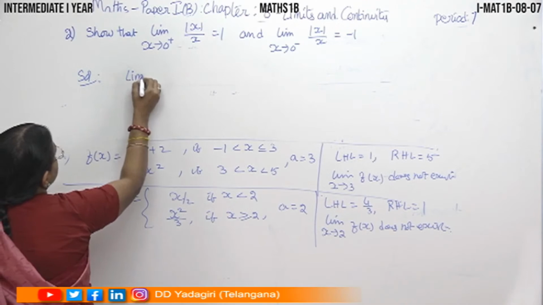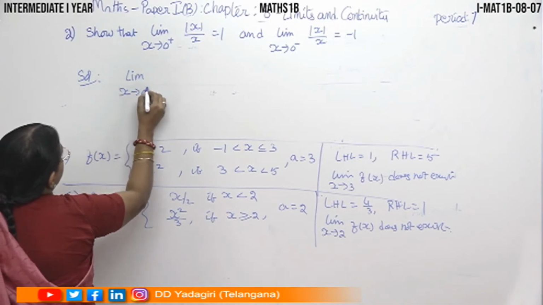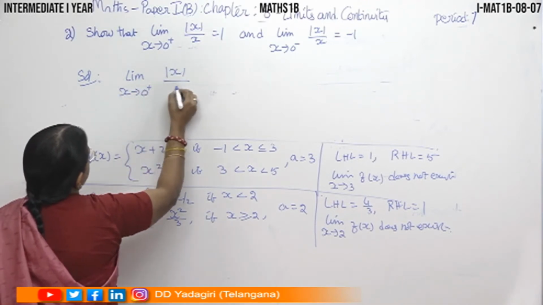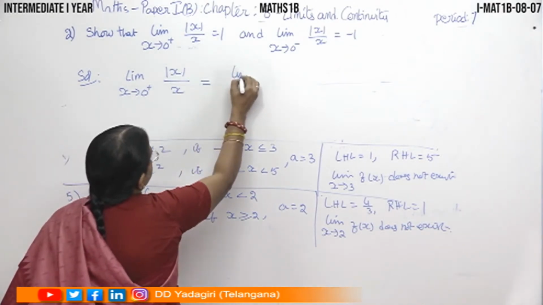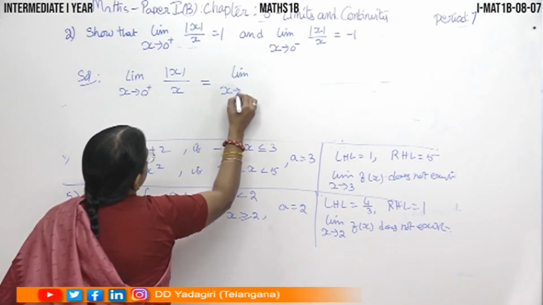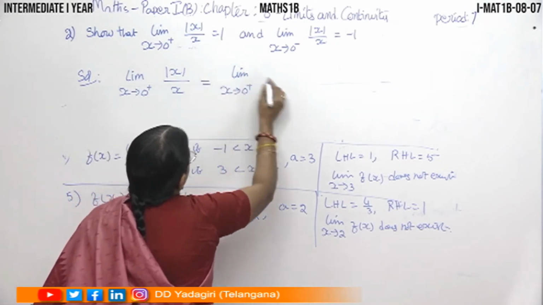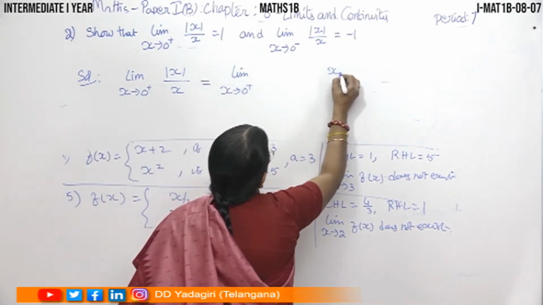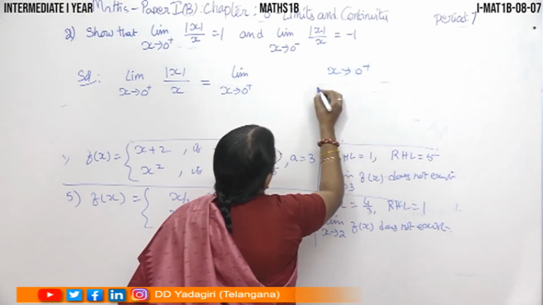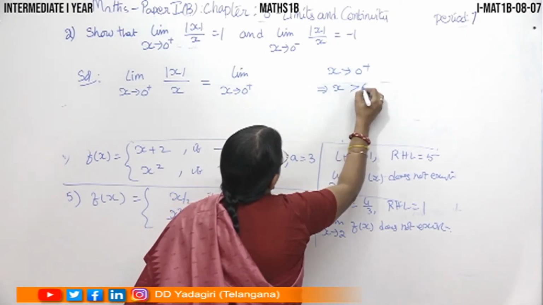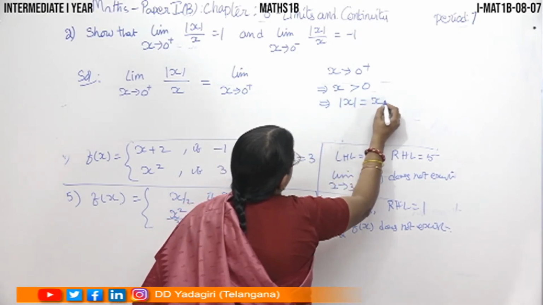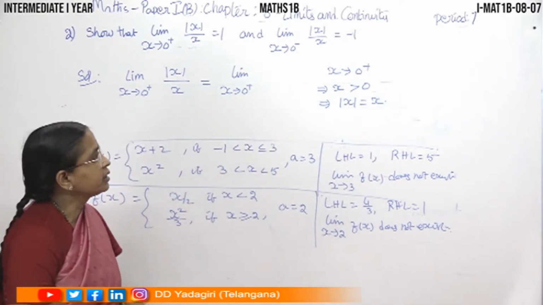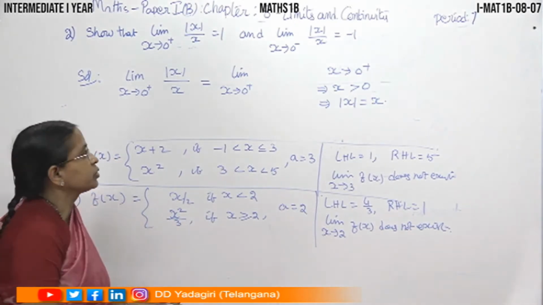You already know the steps. Limit x tending to 0 plus of mod x by x is equal to limit x tending to 0 plus of mod x by x. What is mod x? x tends to 0 plus means what? x is greater than 0. So what is mod x? It is x. According to the definition, when x is positive, mod x is x only.